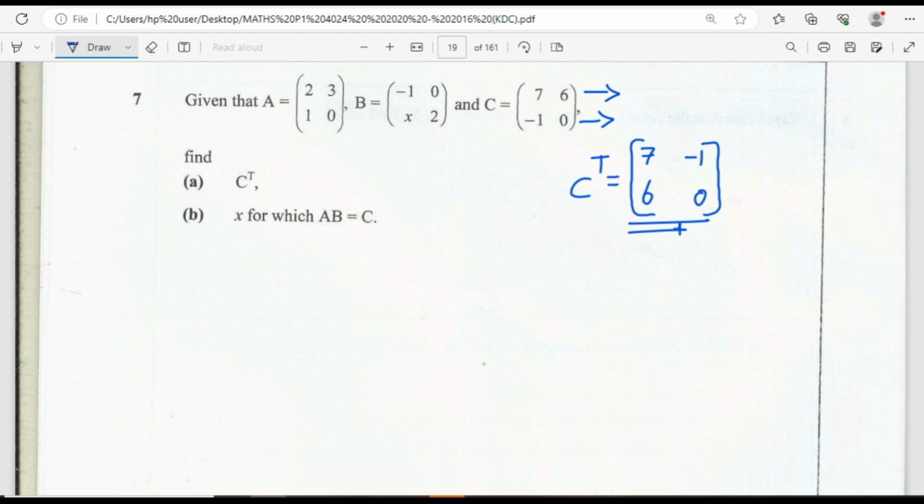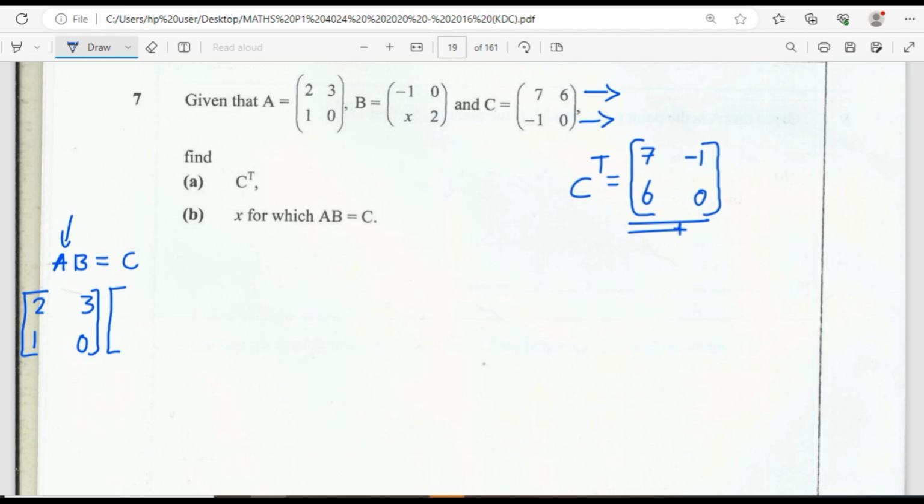Then find B, x, for which AB is equal to C. So let us write our formula. AB is equal to C. We'll begin by first writing the elements in A. So in A we have 2, 3, 1, 0. Since these two letters are attached to each other, it means we are supposed to multiply.